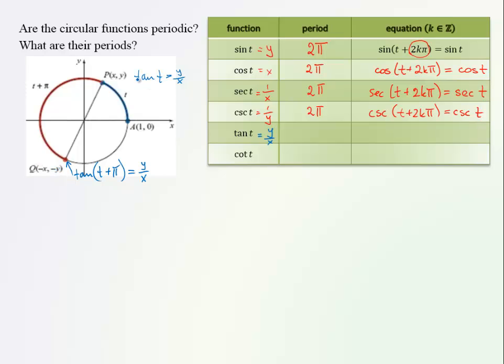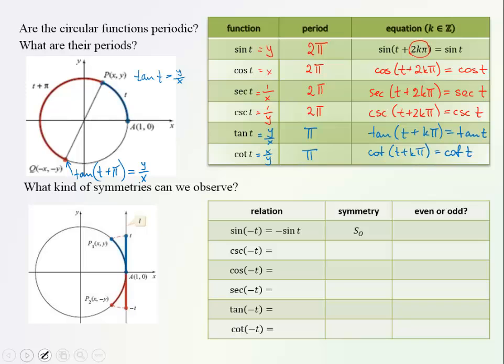So tangent repeats its values after each pi. Therefore, the period of tangent is pi. And we have the identity tangent of t plus k pi equals tangent of t. Similarly, cotangent is the reciprocal of tangent, so it will have the same properties as a matter of period. So the period is also pi, and we can write cotangent of t plus k pi equals cotangent of t.